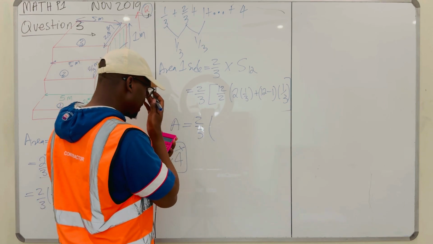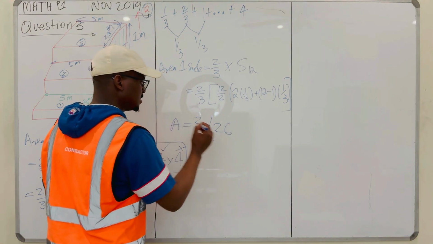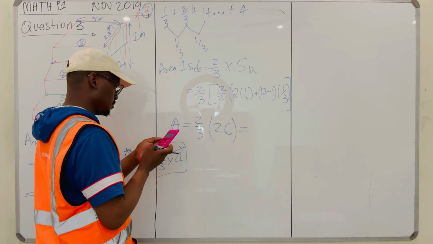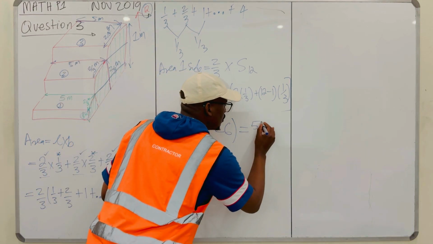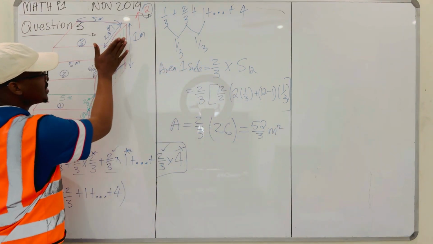The answer to this is 26, right? So 26 times 2 over 3 is 52 over 3 square meters. So this is the area of the side.